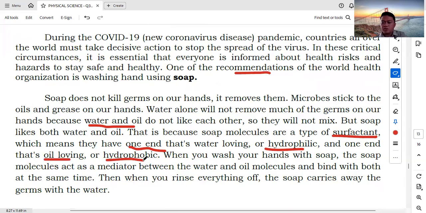So when you wash your hands with soap, the soap molecules act as a mediator between water and oil molecules and bind with both at the same time. Then when you rinse everything off, the soap carries away the germs with the water.